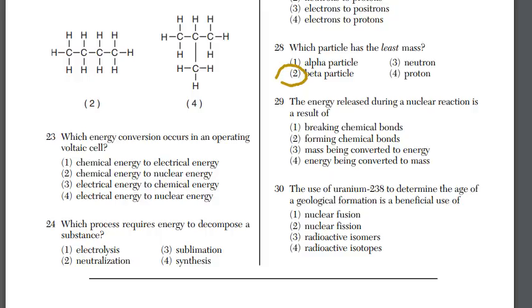Beta particle is actually an electron that originates from the nucleus with a transition of a neutron going to a proton, and I call it an electron because it has 0 mass but a -1 charge. Alpha particles are 2 protons, 2 neutrons, way too heavy. Neutron and proton have the same mass. We say 1 AMU, so the answer is choice 2, or beta particles.